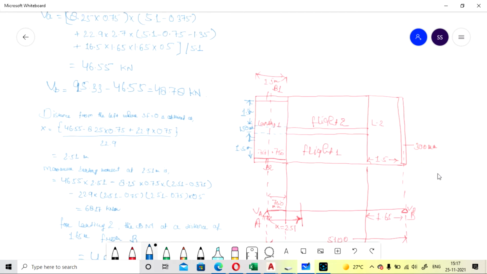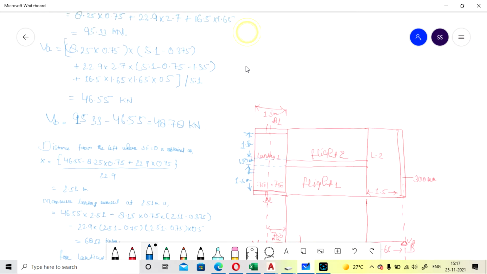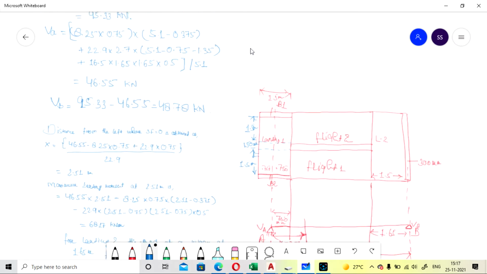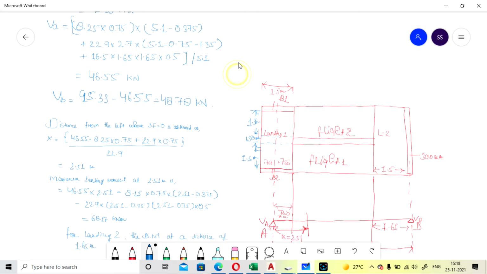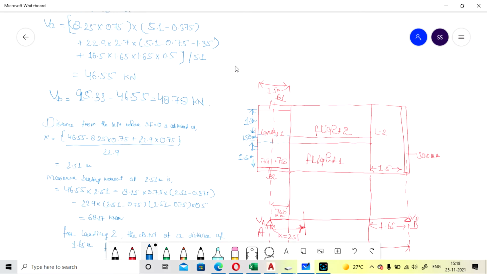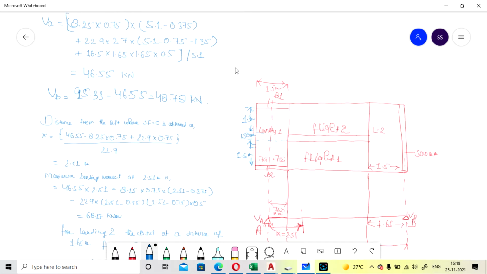For this we have to calculate the VA. So it is 8.25 into 0.75, that is load on this, into distance multiplied by 5.1 minus 0.375.